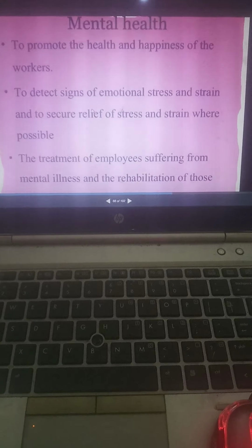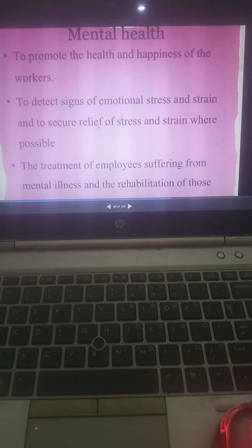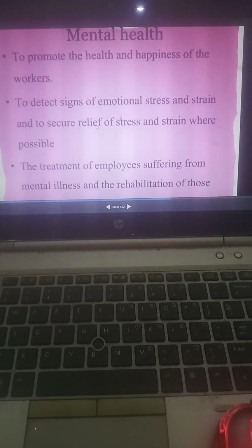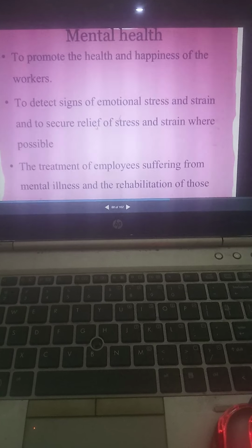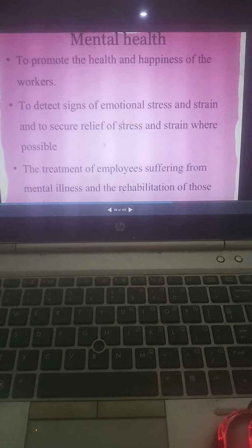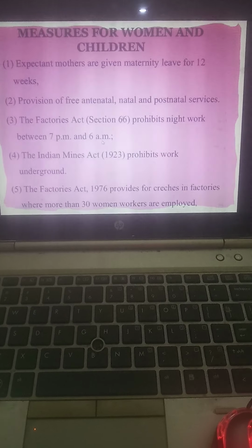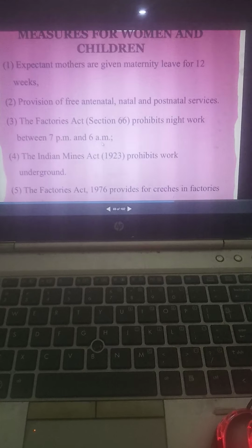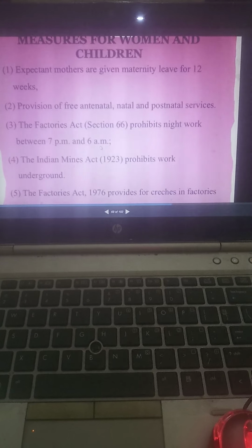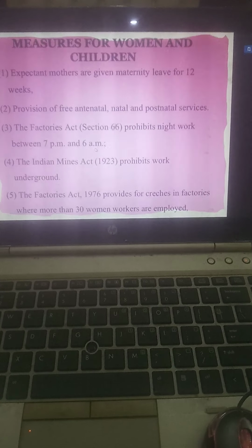Mental health: to promote health and happiness of the workers, to detect signs of emotional stress and strain, and to secure relief of stress and strain where possible. Treatment of employees suffering from mental illness and rehabilitation of those who become ill. MCH for women and children. Expectant mothers are given maternity leave for 12 weeks. Provision of free antenatal, natal and postnatal services should be ensured.